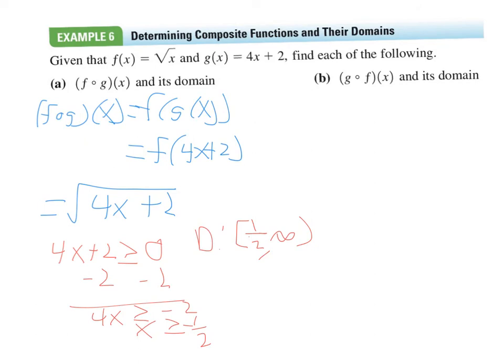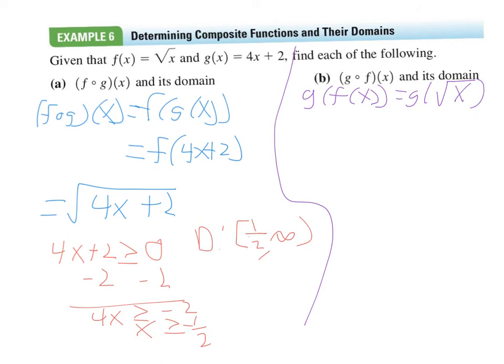Now for part B, g of f of x. That's equivalent to g of f of x, which is equal to g of square root of x. So that means everywhere there's an x in g, you plug in square root of x. So instead of 4 times x, it would be 4 times square root of x plus 2.